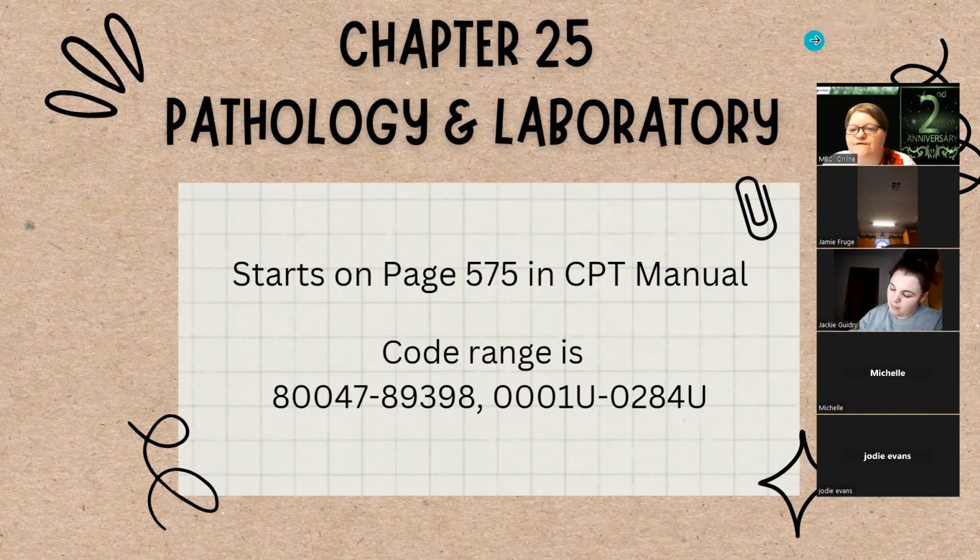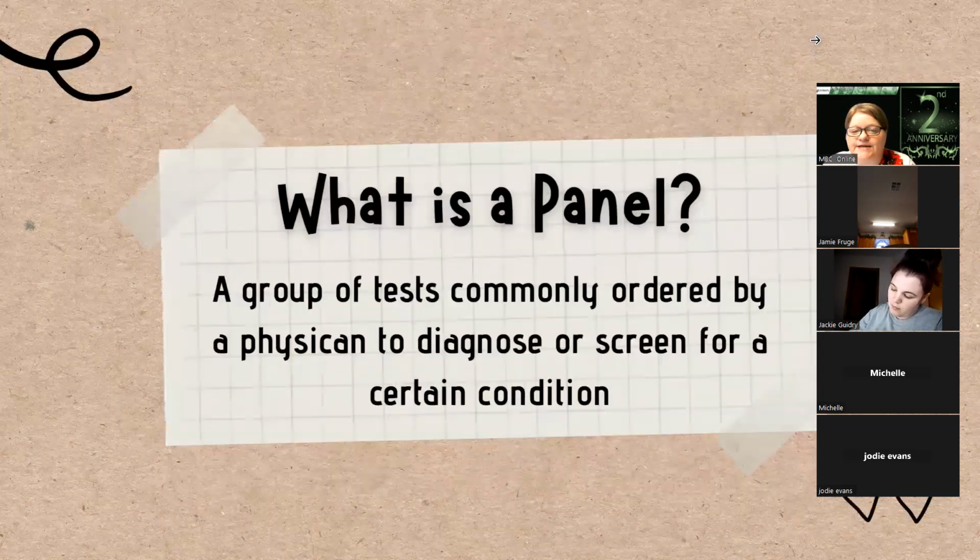All right, so one of the first things I wanted to talk about with you guys that's mentioned in chapter 25 is what is a panel? Can any of y'all tell me what a panel is? All right, so a panel is a group of tests commonly ordered by a physician to diagnose or screen for a certain condition, for a particular condition.